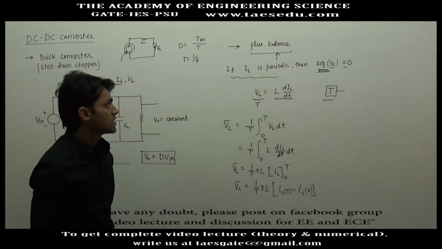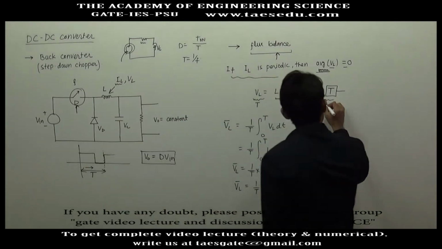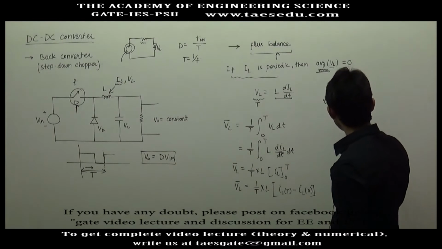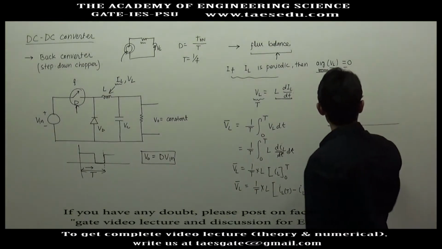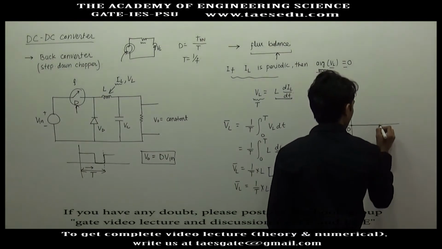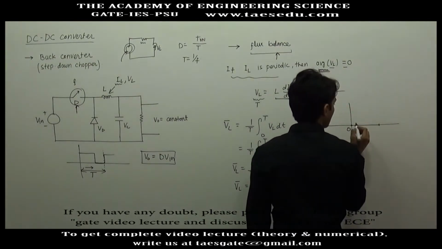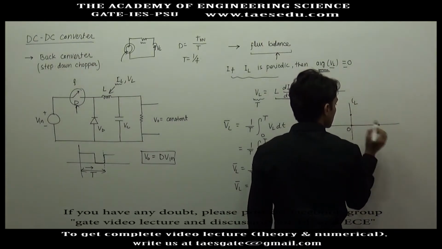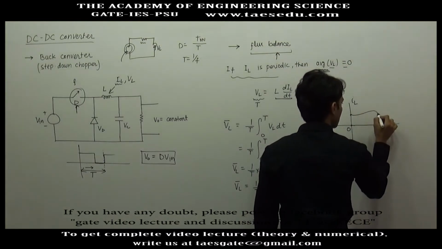Now since inductor current is periodic with time T, it means if at 0 let's say inductor current is here, it has to be periodic with T, so after T duration it has to repeat its value.